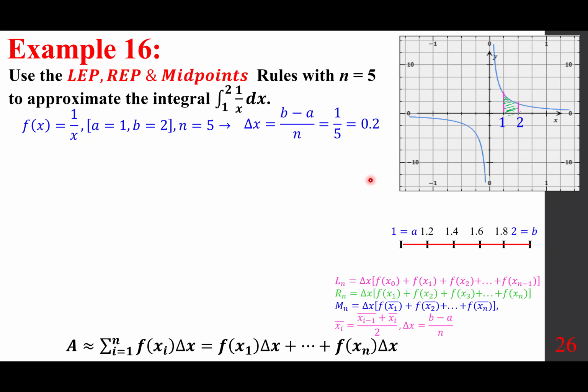A is 1, B is 2. Then, starting from A equals 1, add delta x and it becomes 1.2, 1.4, 1.6, 1.8, and ends with 2.